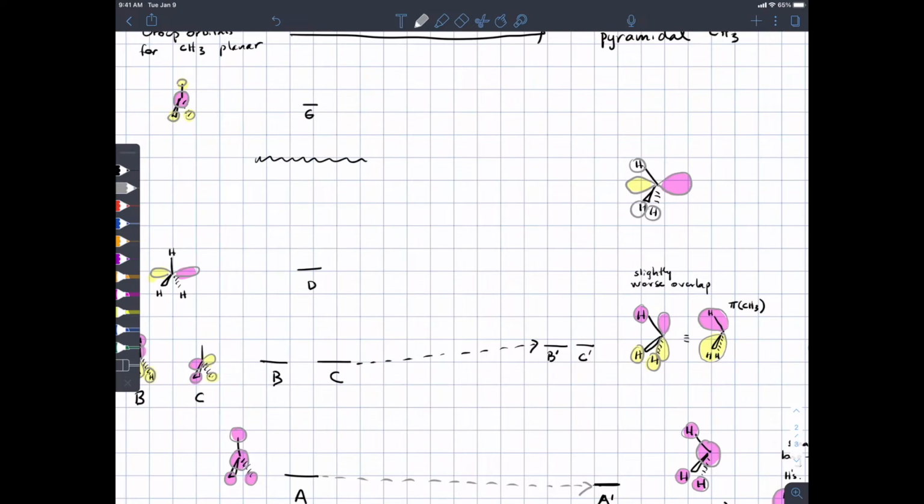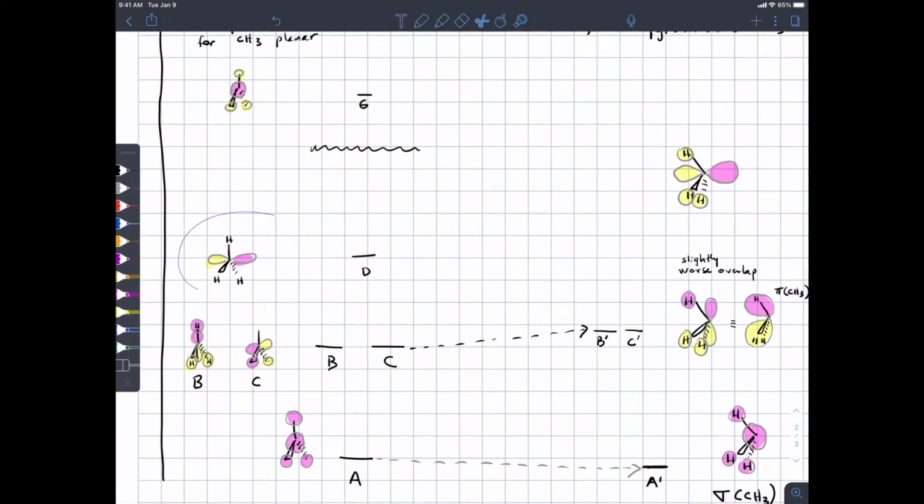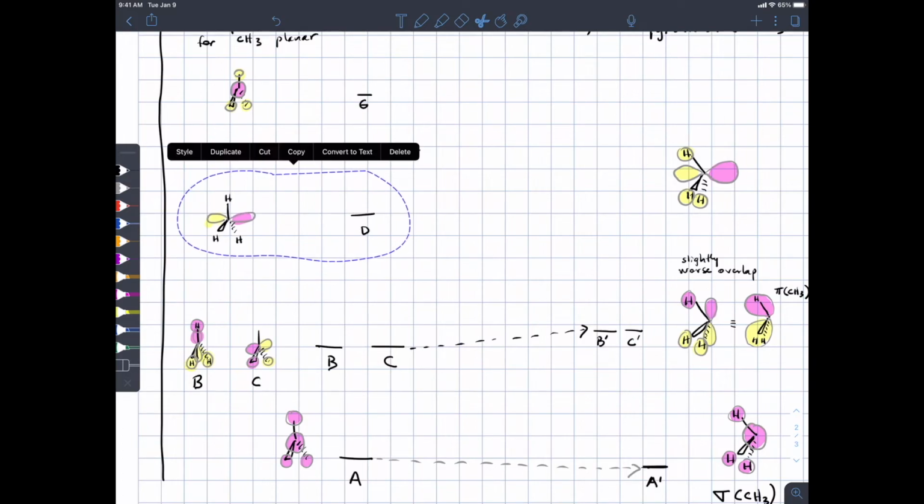Sorry, what color do I want? Yellow. And what do you think that does to the energy of that 2pz orbital? It should go down, right? Why?